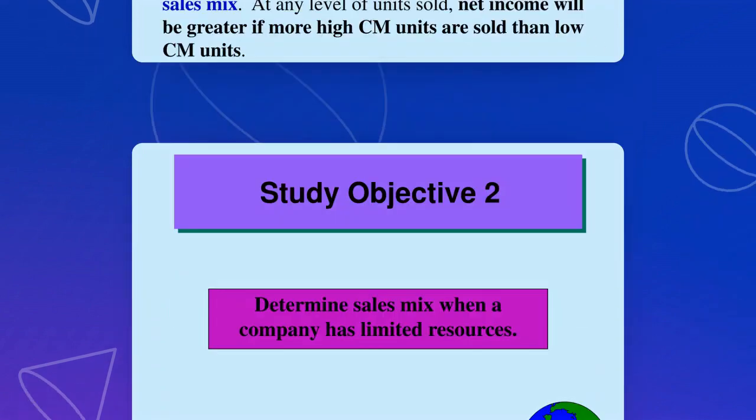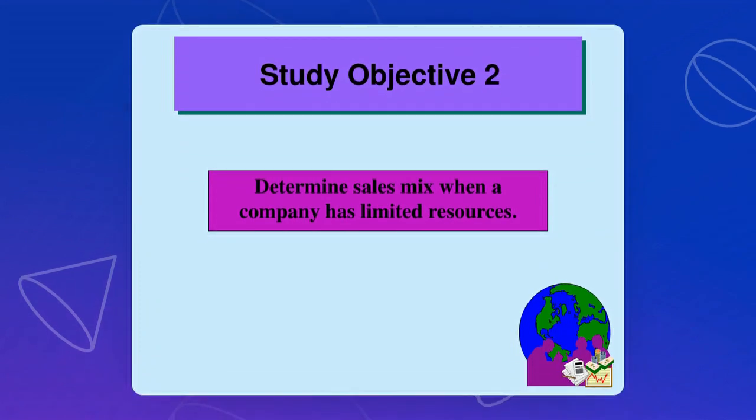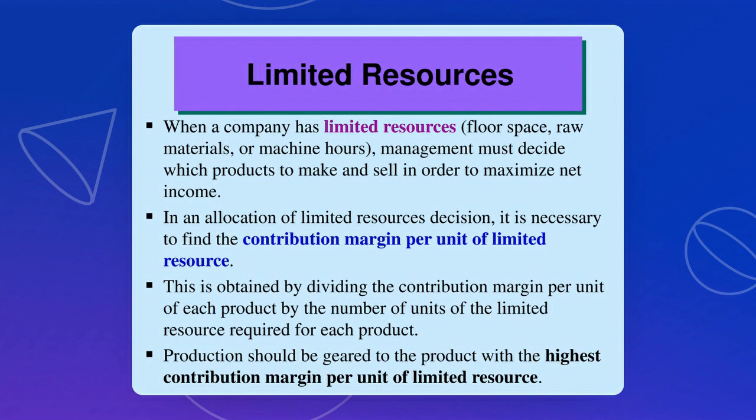Alright. Next one, although it is part of your relevant costing, so we will discuss already about the relevant costing, because in terms of the sales mix, particularly about determining the sales mix in terms of companies with limited resources.